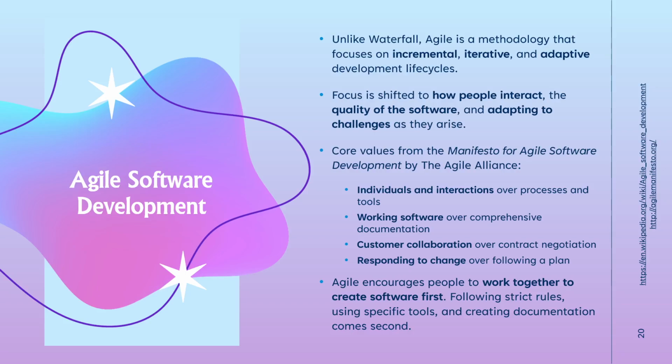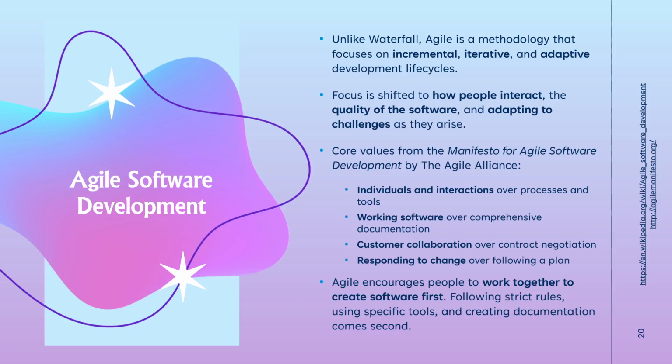Agile focuses more about how people will interact, so the customer and the developers with each other. Agile is really about the quality of the software that you release and adapting to the challenges as they arise. Waterfall is about meeting requirements. It doesn't matter if it's good so long as it meets the requirements that you were given, because you can't just spin on your heels and change the requirements as you go along, because Waterfall doesn't support that kind of flexibility.